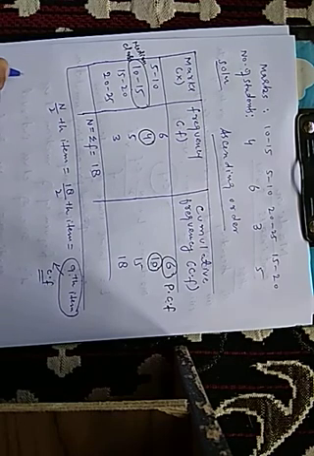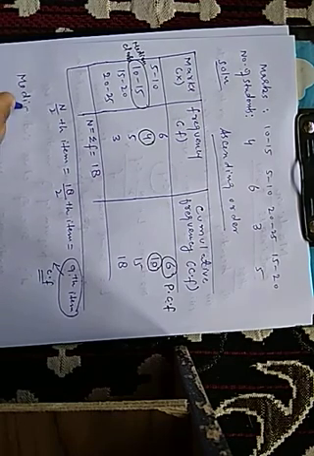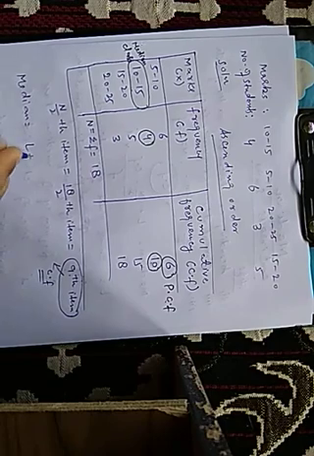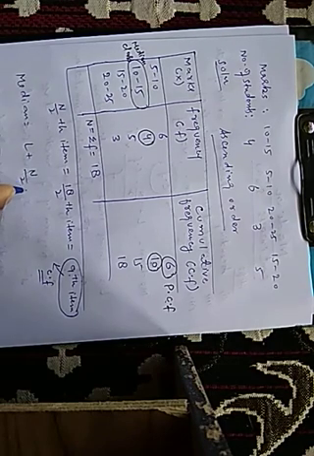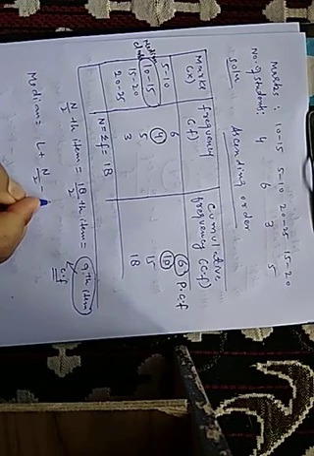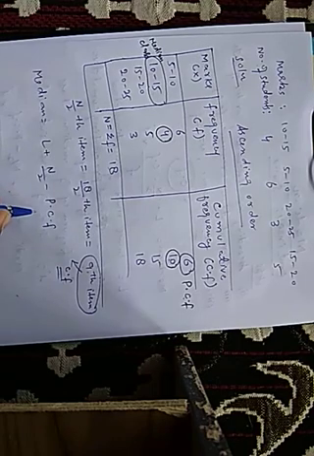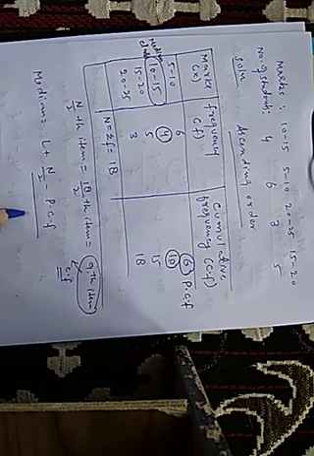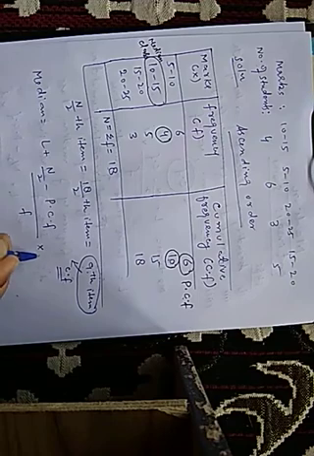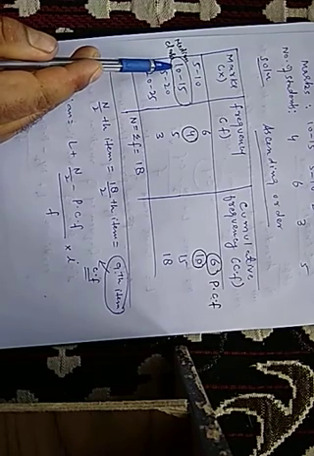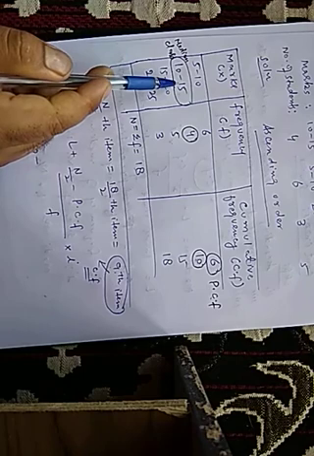Now the formula of median is L plus N divided by 2 minus PCF, or we can write CF, that is preceding cumulative frequency, divided by F multiplied by I, that is the size of class interval. L is the lower limit of this median class, that is equal to 10, and 15 is its upper limit.